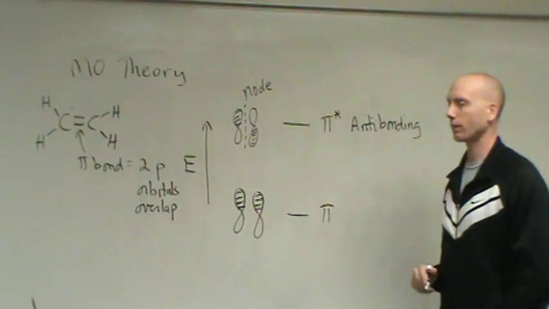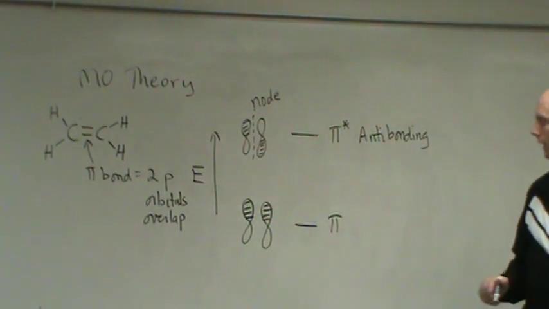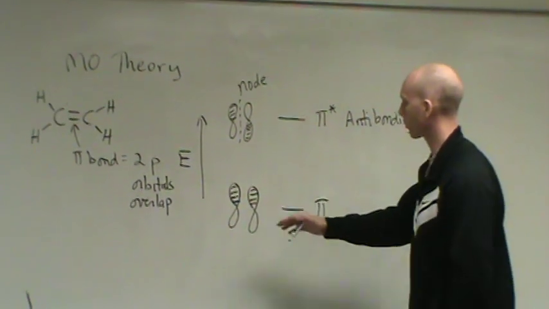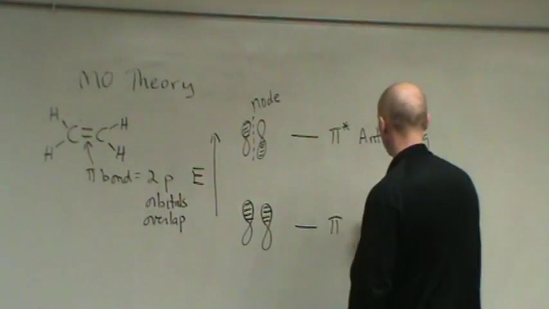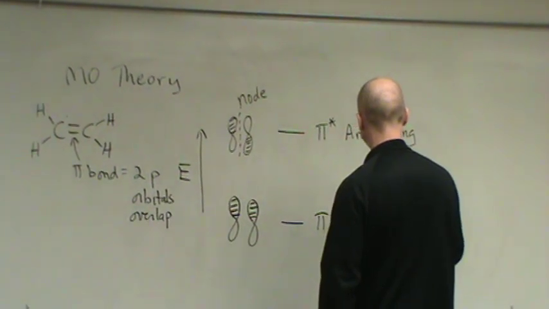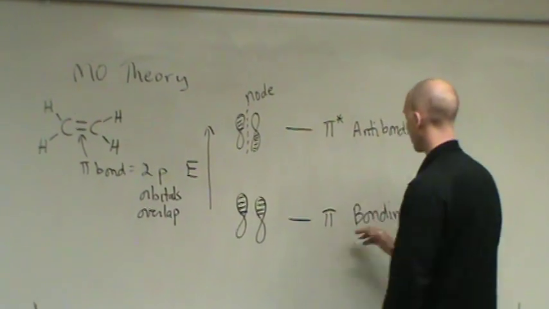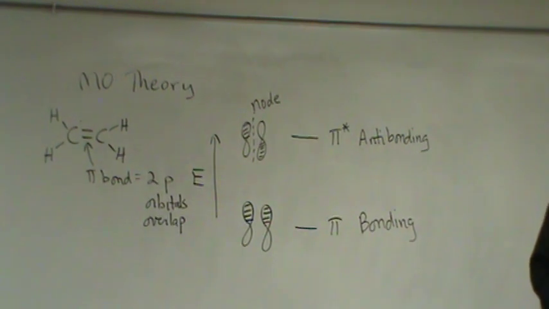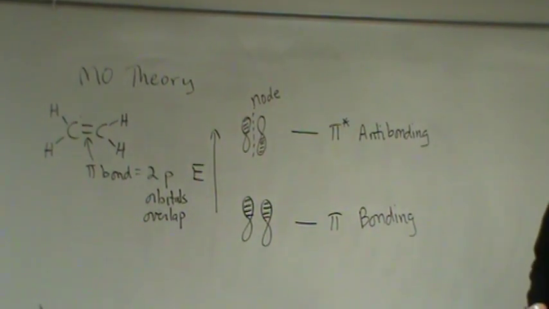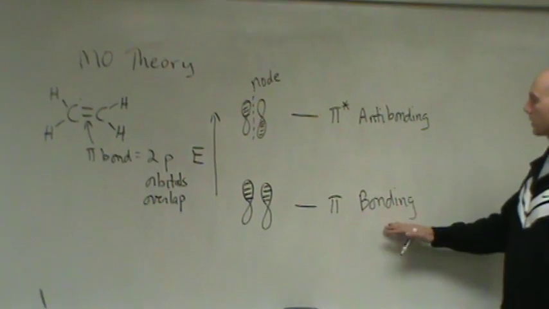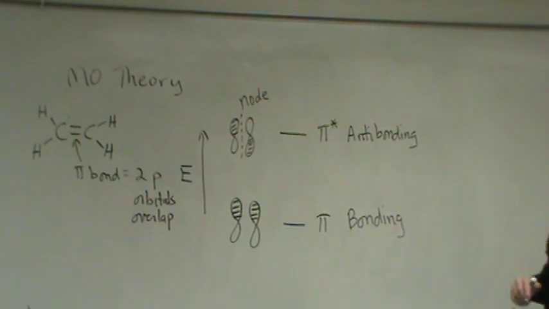Okay, because we have this node here. Down here, the 2 p orbitals overlap in phase. And so this is our bonding level. Okay? So here's our introduction to anti-bonding and bonding, pi and pi star.